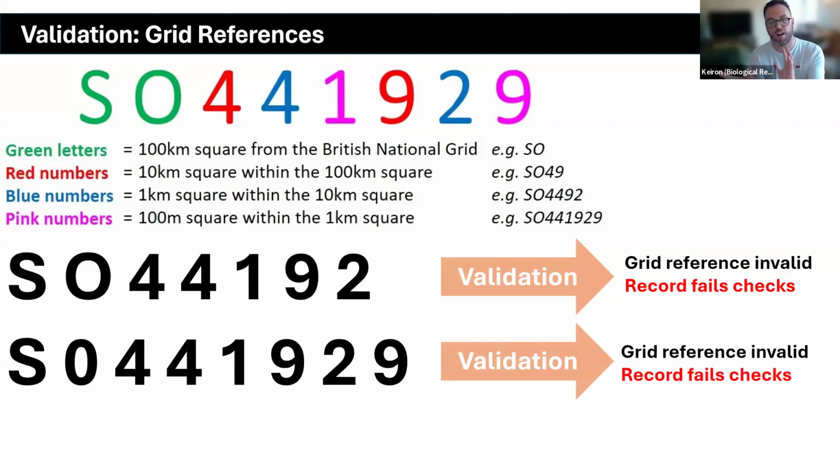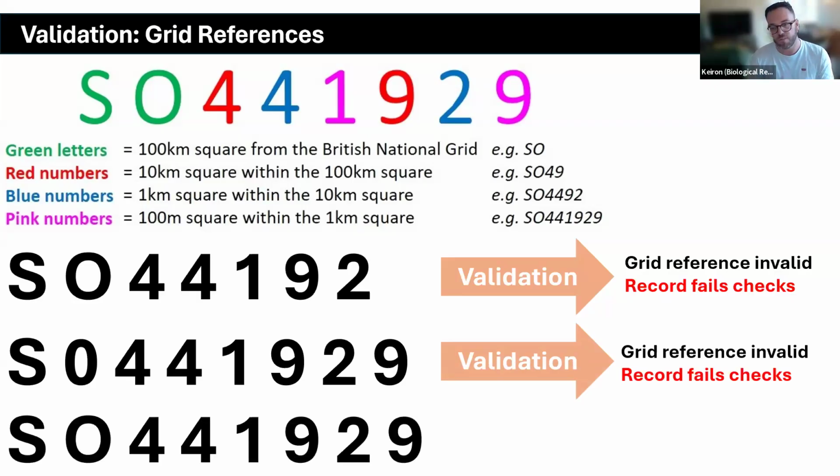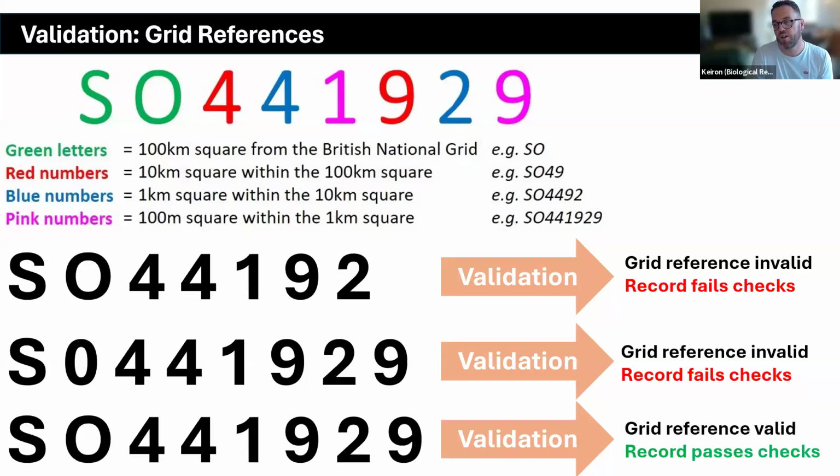So if we entered either of these data into Record Cleaner, for example, it would fail them and we'd be able to look at that and edit it appropriately. If I put it in correctly, and it was run through a validation, it would pass the check. What a validation check doesn't do is tell you that this grid reference is correct for that record. It just tells us whether it's in the correct format.